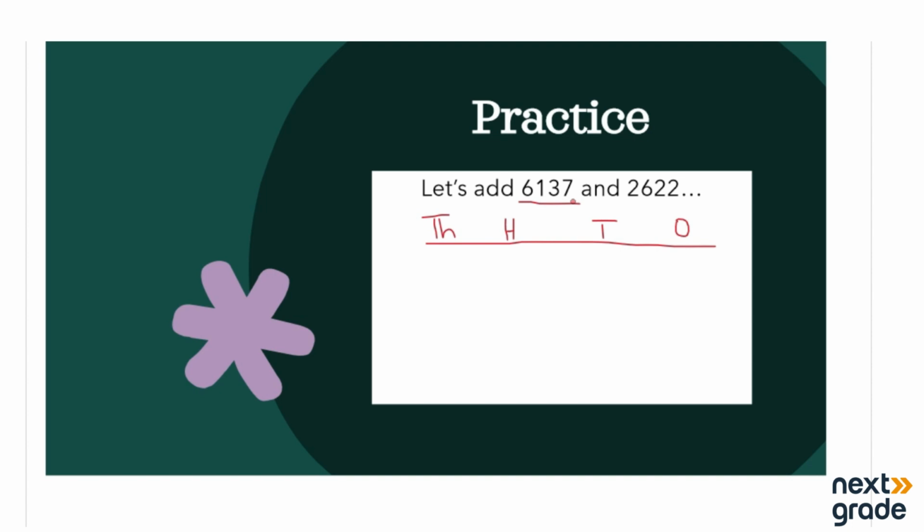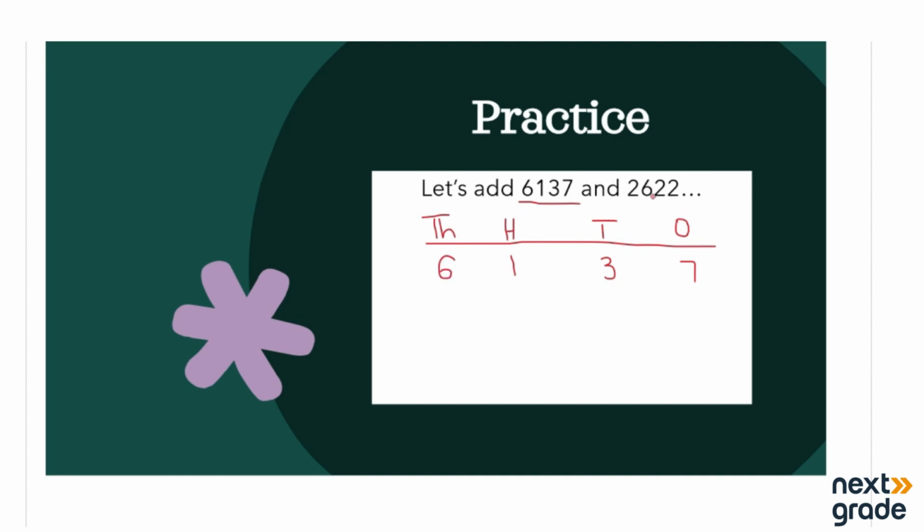Remember, जब भी आप addition करते हो या आप subtraction करते हो, always write the biggest value. ठीक है, तो हम यहाँ पर लिखते हैं सबसे पहले 7, then comes 3 at the place of 10, then comes 1, that is 100, and that is 6 at the 1000 place.